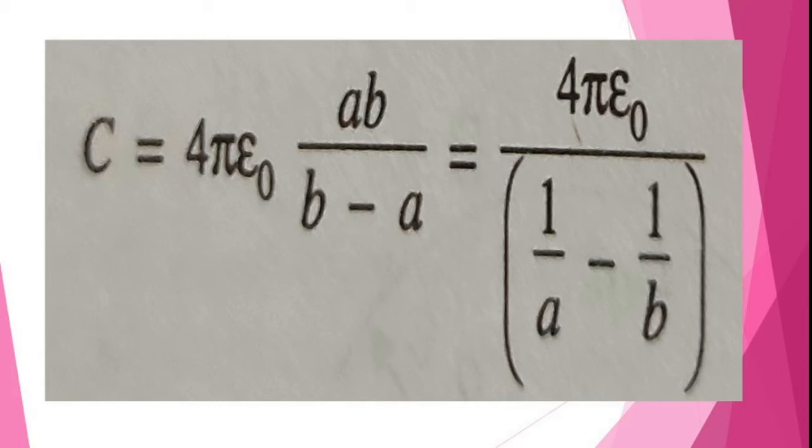The outer sphere is not there, isn't it? The radius is infinity, which means only the inner sphere exists. The inner sphere can be considered as an isolated conducting sphere of radius A. So the capacitance will be 4 pi epsilon 0 A, that is the capacitance of an isolated conducting sphere of radius A.